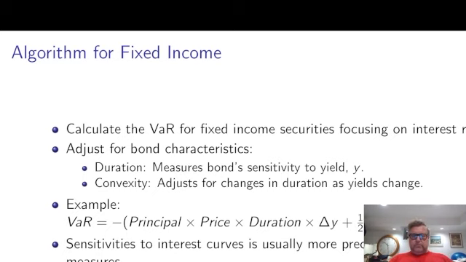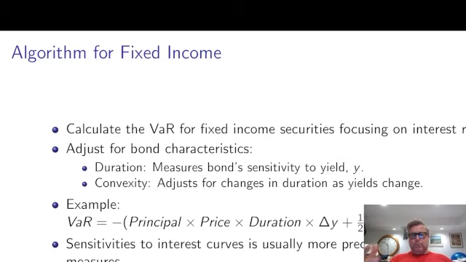For a bond, we could look at the duration, which measures the bond's sensitivity to change in the yield. And we can use convexity. So we have a little bit of the second order approach, and it adjusts for changes in duration as the yields change. We mentioned before it's a linear relationship. Here it's not completely linear, but again, it's only first order and second order.